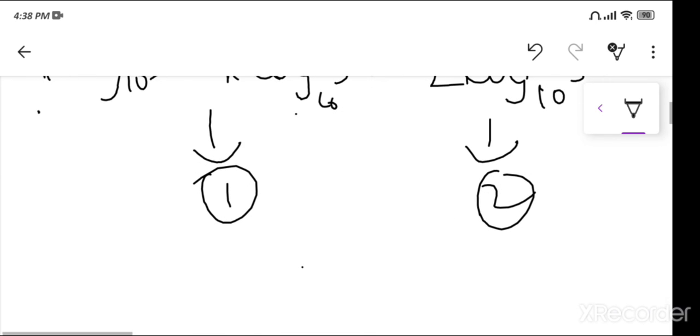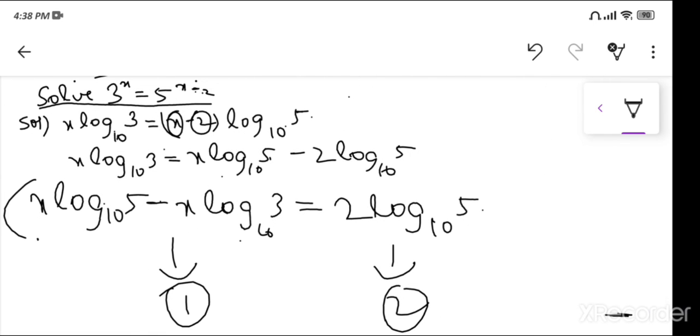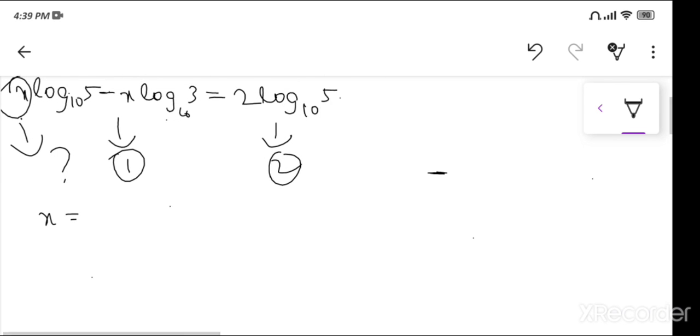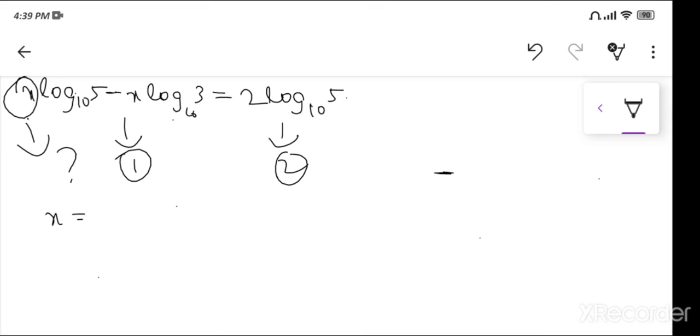So you need to find the x value. What's the x value? We don't know the x value. To find the x value, you take this both things as second and this one as first.